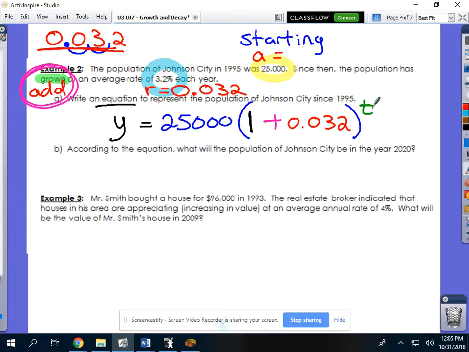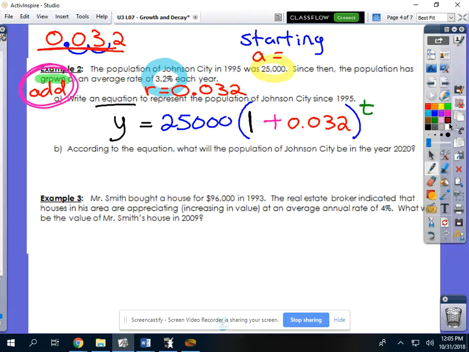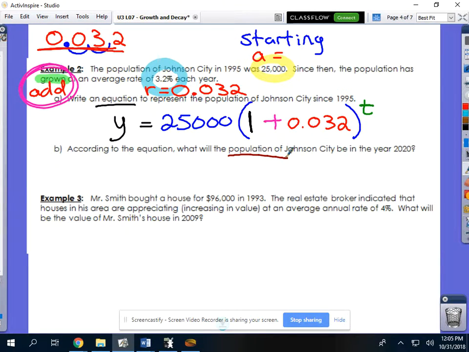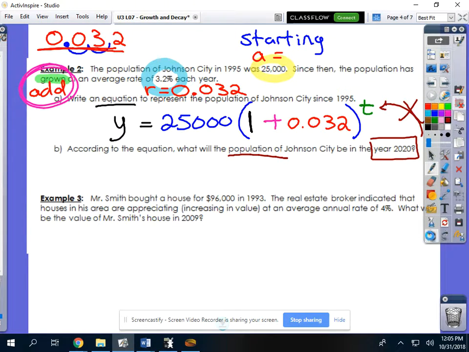Now we can move on to the actual application of the problem. Let's actually predict what the population of Johnson City is going to be in the year 2020. So remember, we are not just going to plug 2020 in. No. We can't just plug 2020 in. We've got to figure out how many years it has been in 2020.